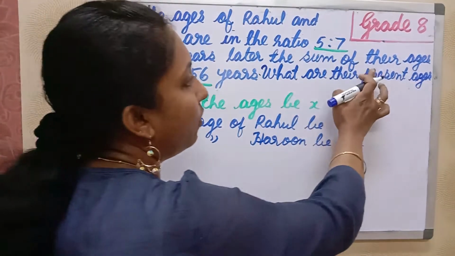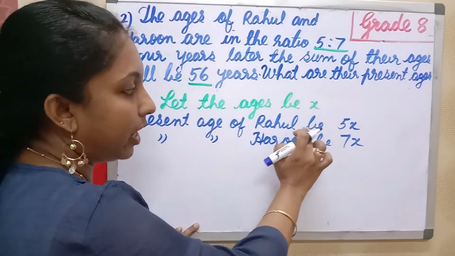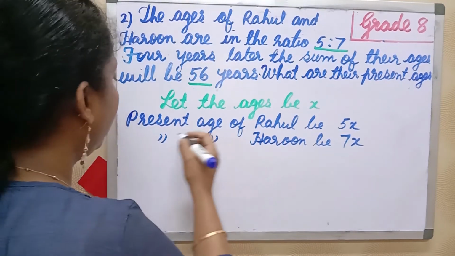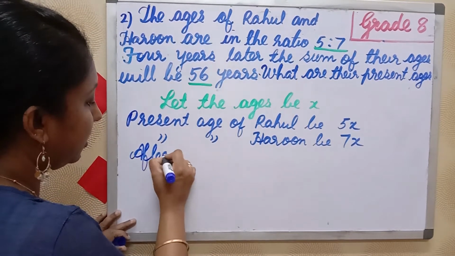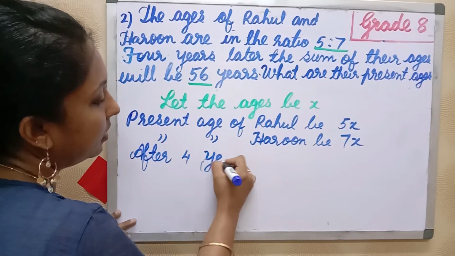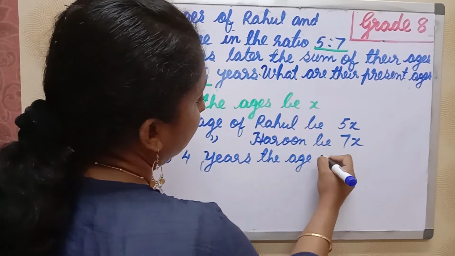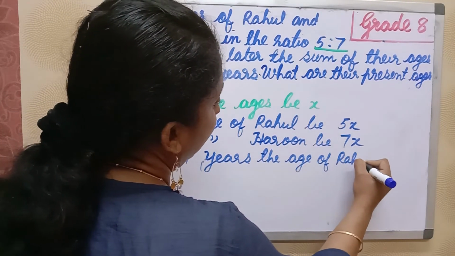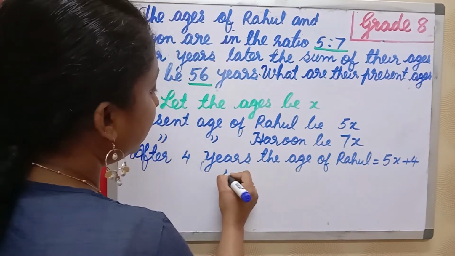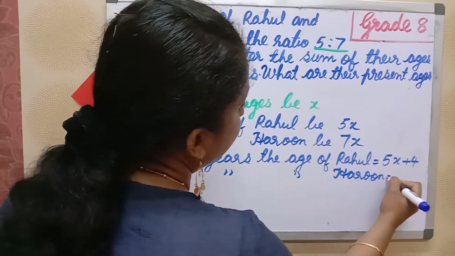Now, after 4 years, Rahul will become 5x plus 4 years. So after 4 years, the age of Rahul is 5x plus 4 and the age of Harun is 7x plus 4.